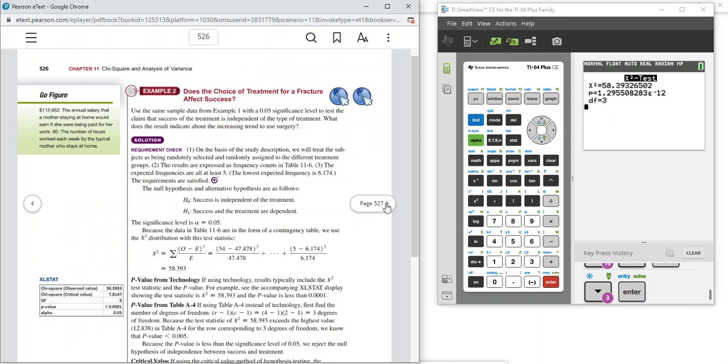Okay, so we got our test statistic, critical value. They don't give us that here. We could get it off the table. We could look it up on our calculator.